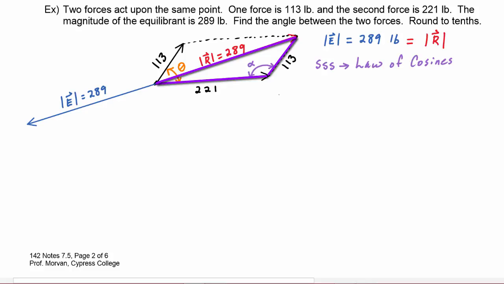So our equation will be 289 squared is equal to 221 squared plus 113 squared minus 2 times 221 times 113 cosine alpha.